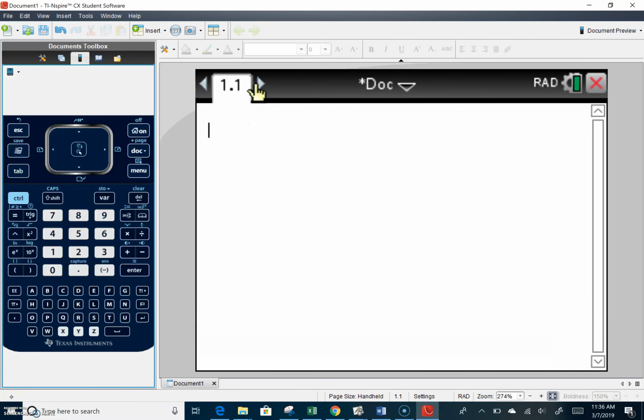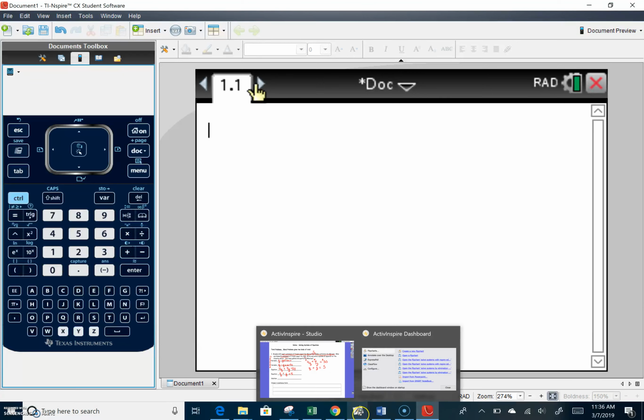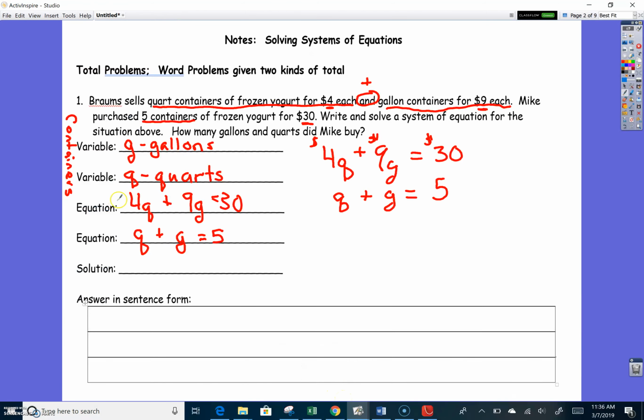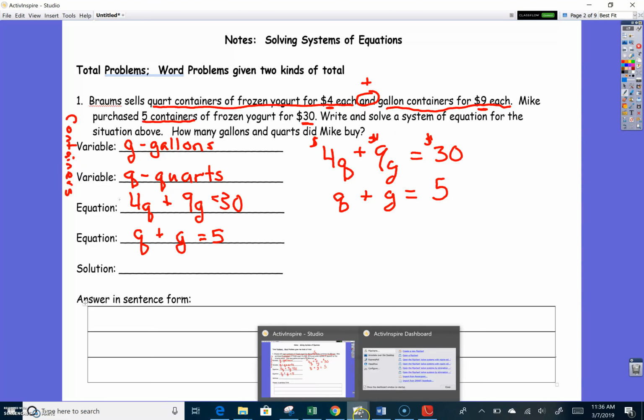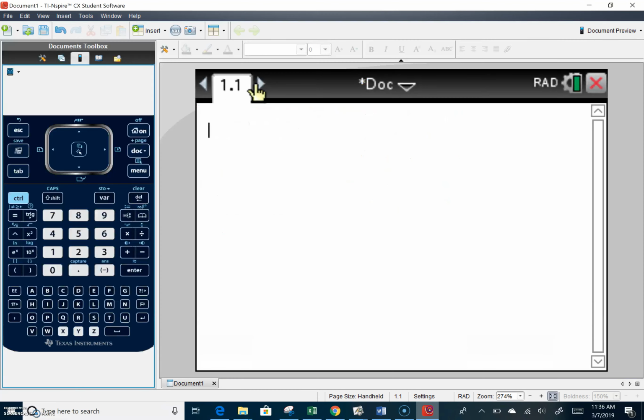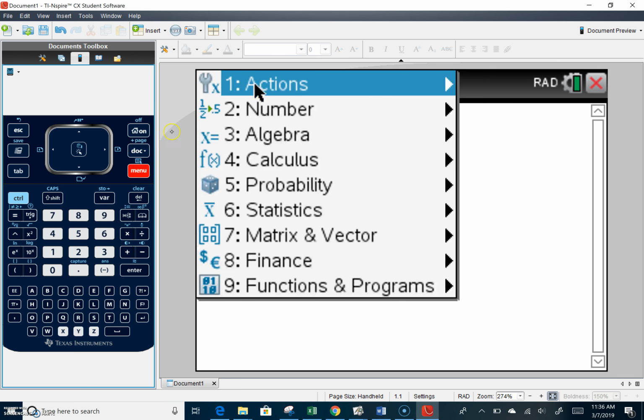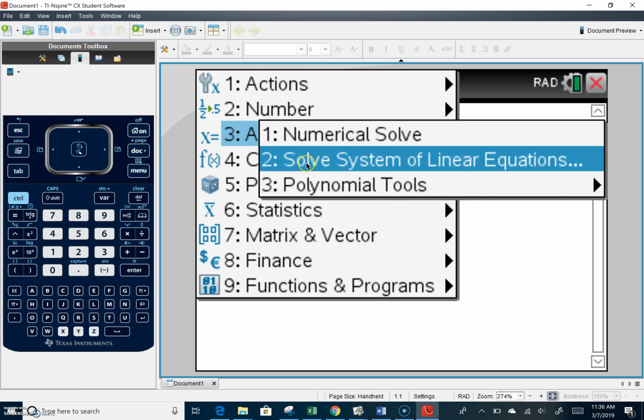The next thing I'm going to do is go to my calculator and write down my equations. 4Q plus 9G equals 30. Remember, to solve, we just go to menu, then algebra, solve systems.